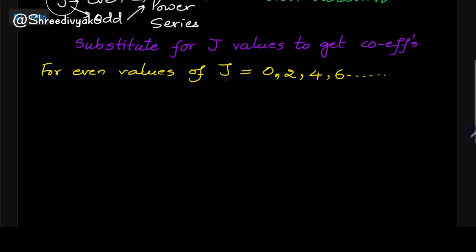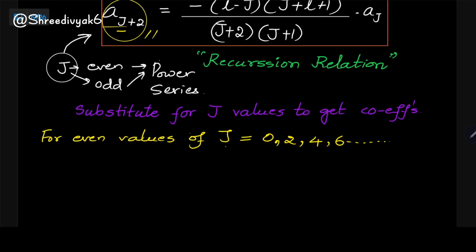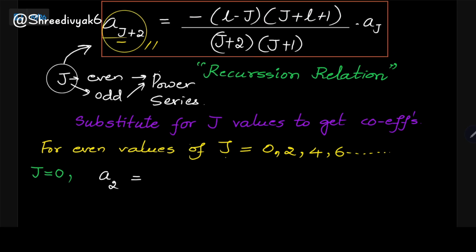Let us consider the first j value, that is j is equal to 0. From j is equal to 0, I can get the coefficient a2. So a2 will be, just substitute j is equal to 0 in the recursion relation, minus L into (L plus 1) whole divided by 2 into 1 into a naught.